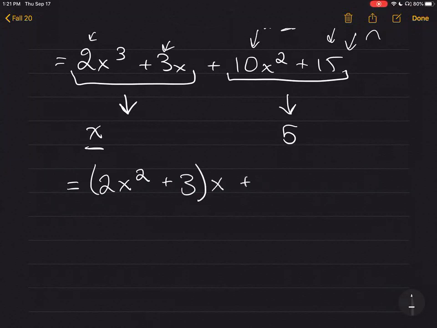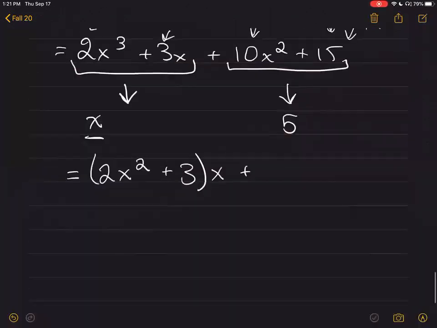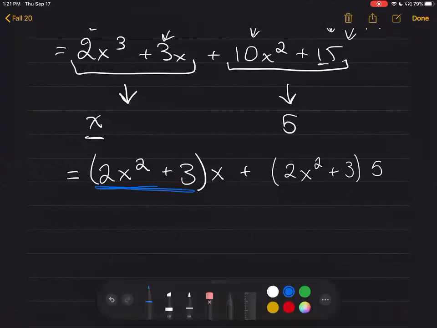Plus, if we pull out a copy of 5, 10 divided by 5 is 2, so 2x squared, and 15 divided by 5 is 3, so plus 3, and pull out the 5 there. And look, they match up again.